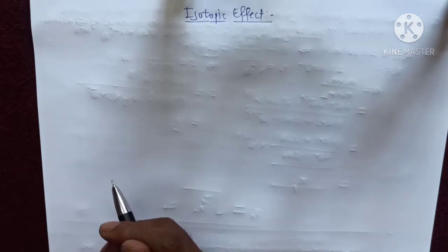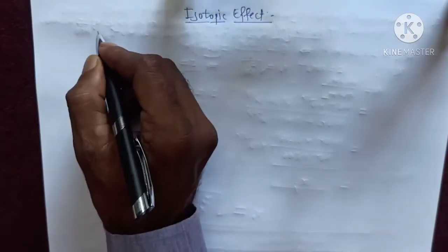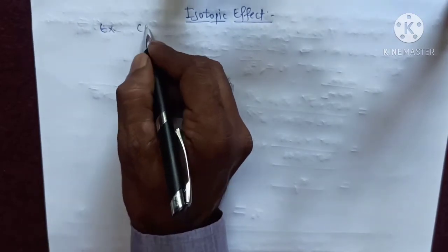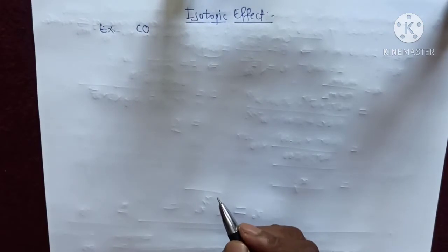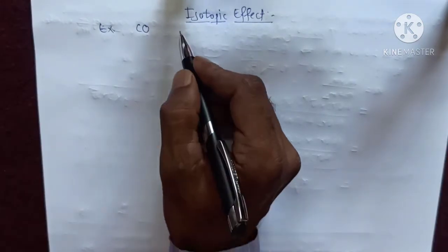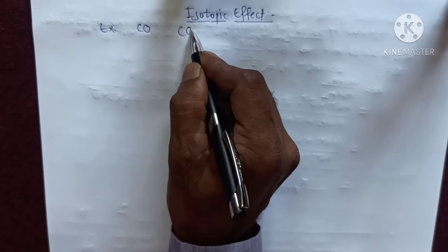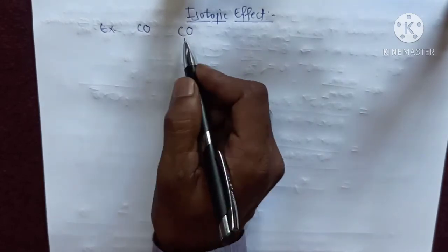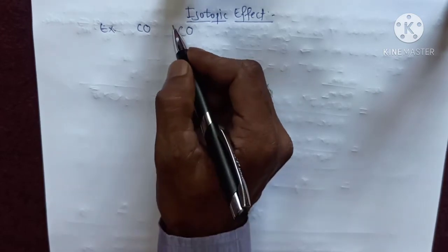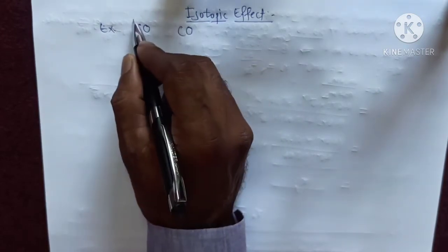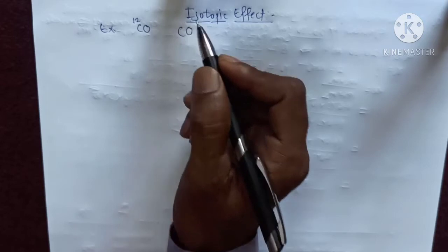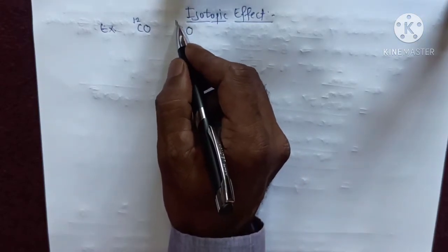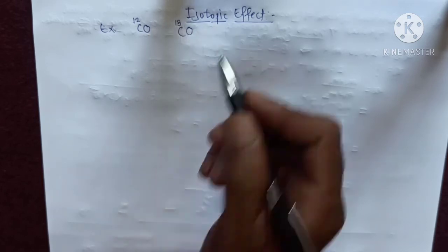So consider the example of a CO molecule, the carbon monoxide molecule. Now if you consider another molecule, the same molecule, that is CO, what is the difference? No difference, both of them are the same. But in one case, I take the normal molecule, with carbon having atomic mass 12, and another molecule has carbon 13.